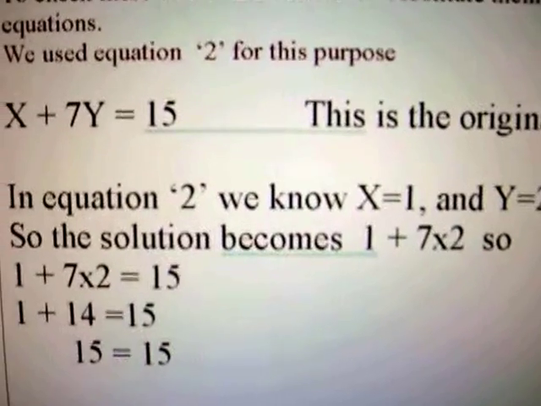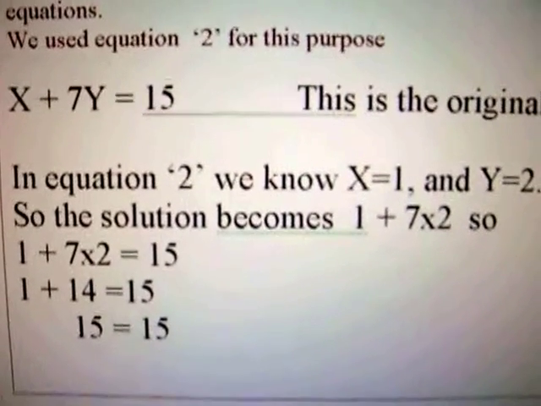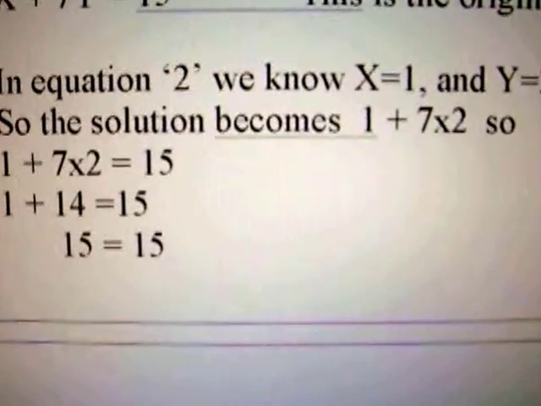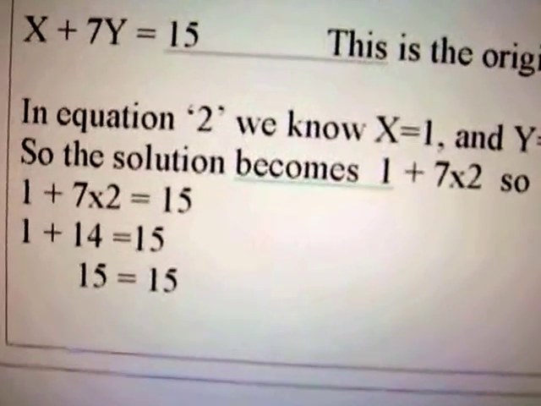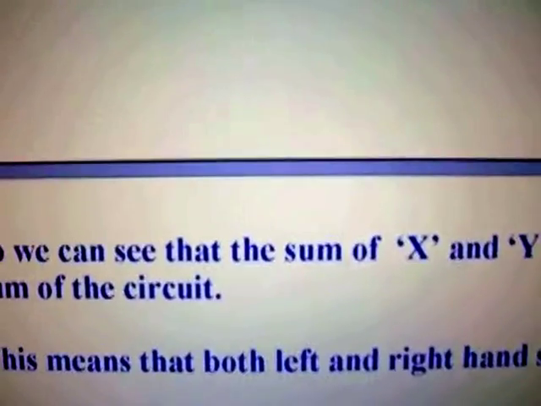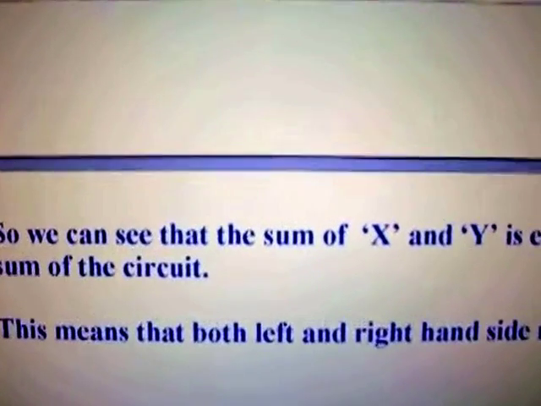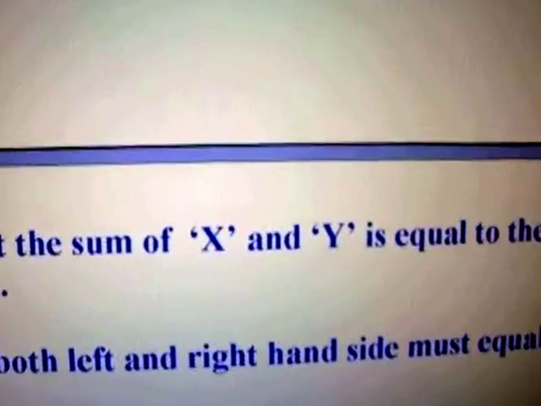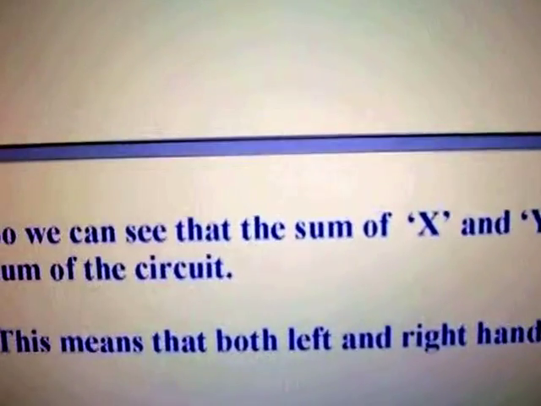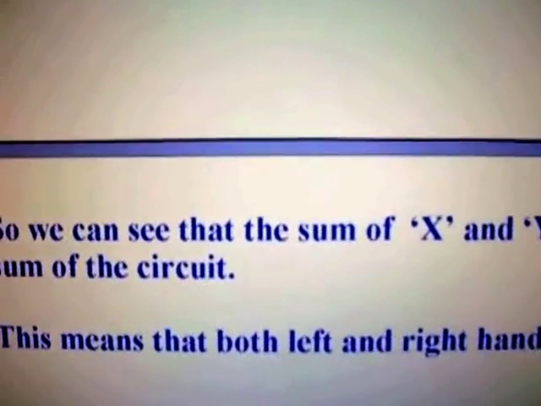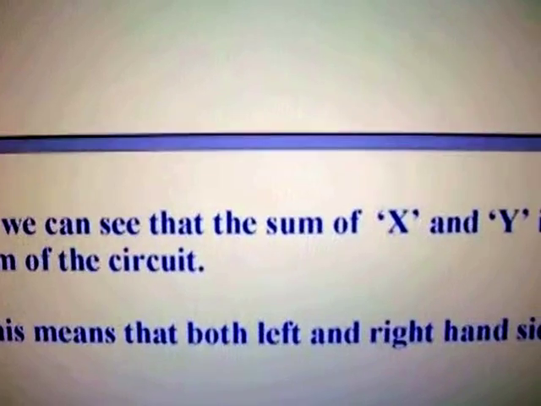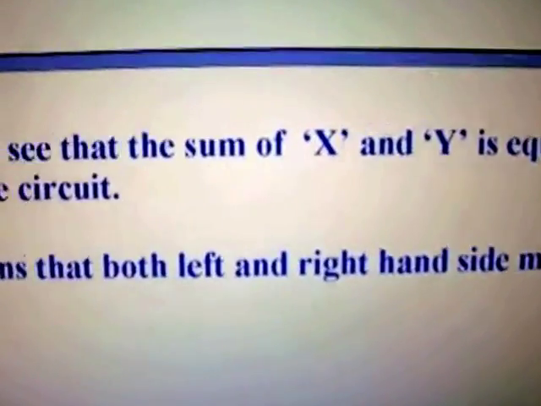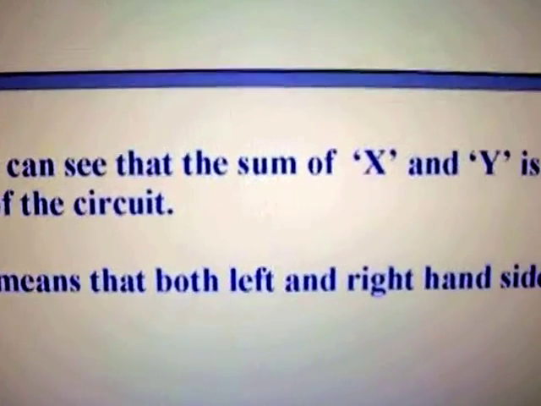And we now know that the equation is correct because it has balance on both sides. So we can see that both left and right hand side must equal each other.